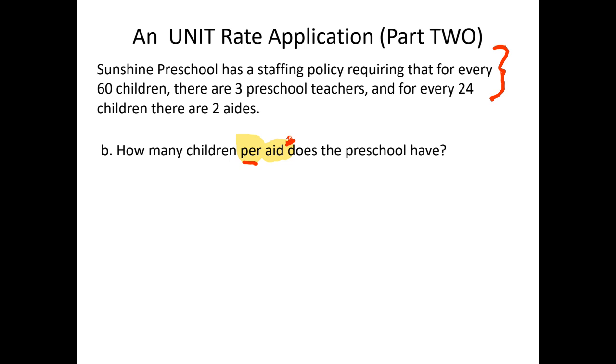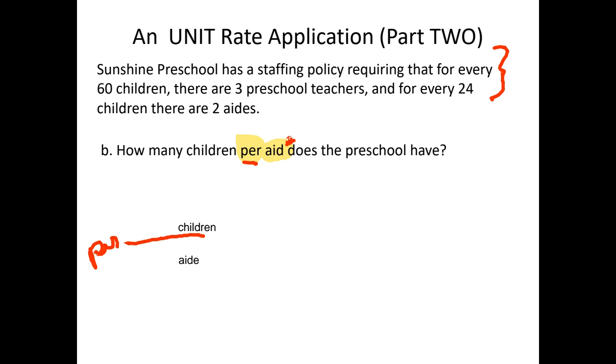And notice in front of the word per is children. What comes after the word per is my denominator. I can't change that. That's the mathematical setup that uses the English language. And don't forget, per aide means that this denominator has got to have a 1.